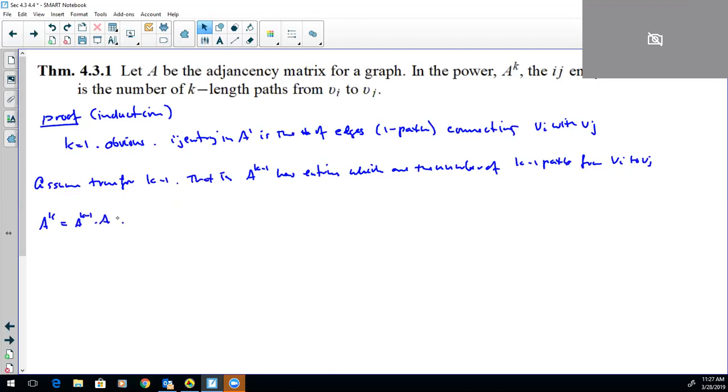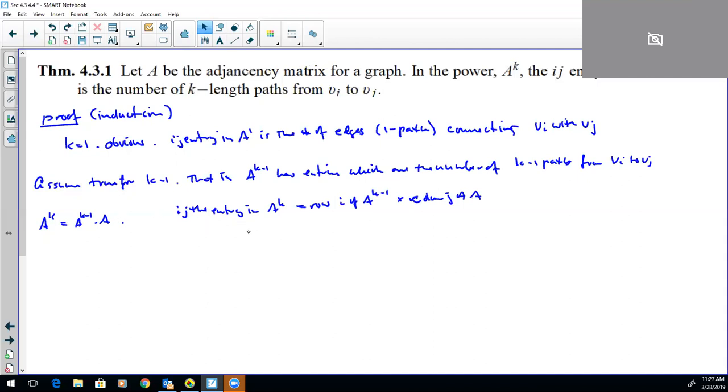Now, what is the ijth entry in A to the k? Well, remember how you multiply matrices. You take the row times the column. So this is row I of the first matrix times column J of the second matrix.